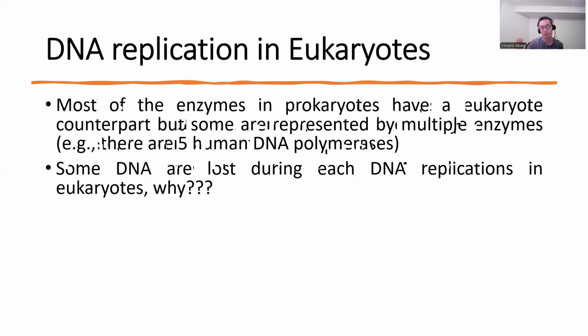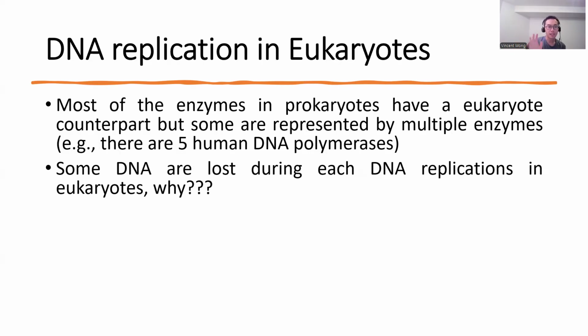We don't have to know what they do specifically. They make DNA basically. Right? So there are 5 versions of the same enzyme. And it's understandable. Once again, eukaryotes are more complicated. There is more DNA to copy, so it's not surprising to have more complicated tools, complicated enzymes to achieve the same outcome.